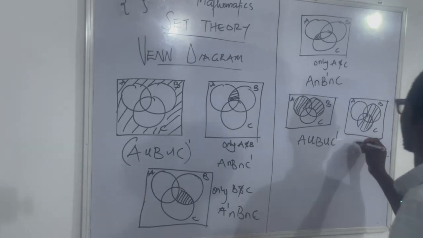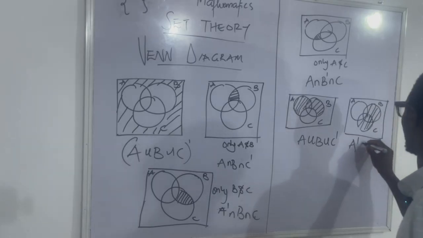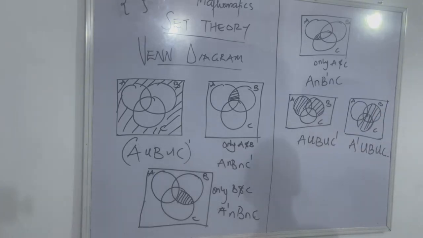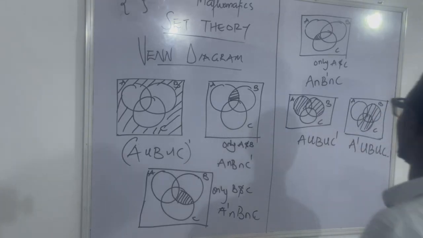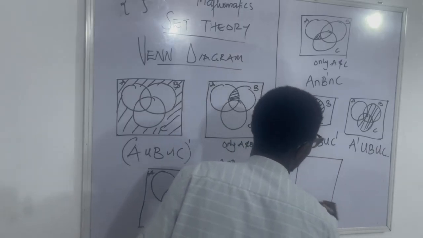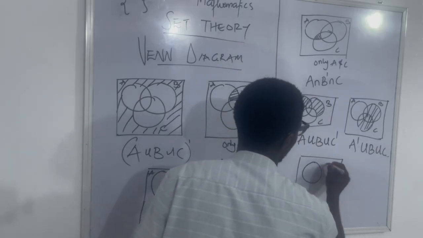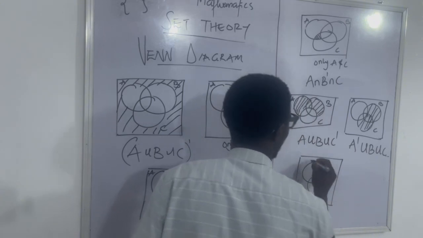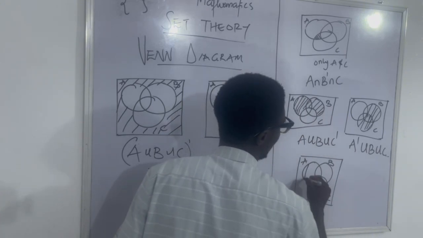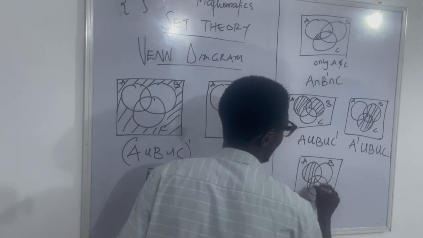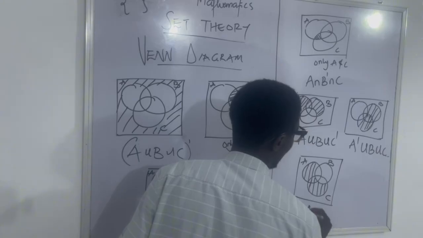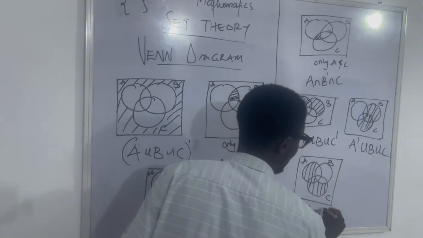Are we together? So A is not shaded. A complement union B union C. So it's what? B and C. A, B, C. So that's what A, you can see B is not shaded.